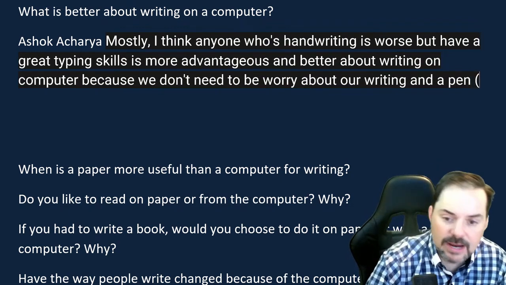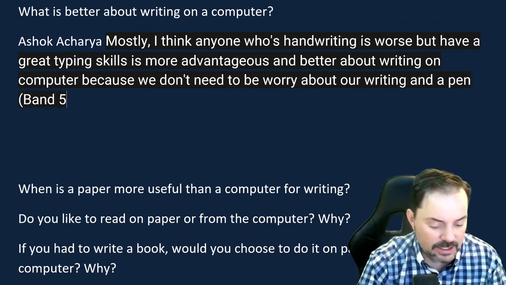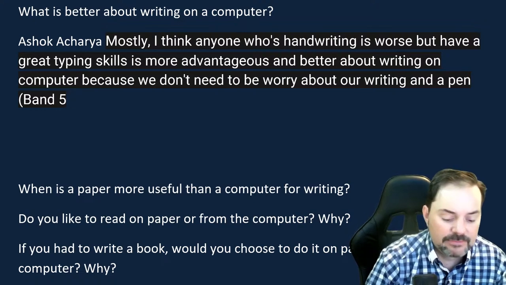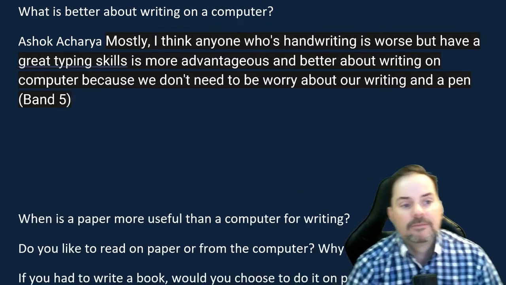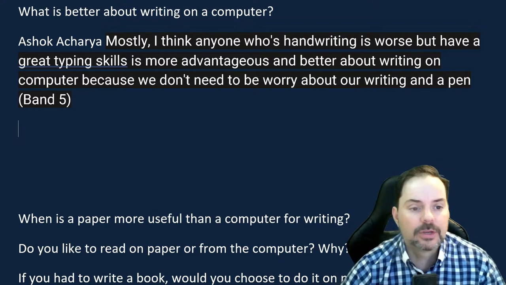Okay, there's lots of grammar mistakes here, lots of coherence mistakes. So again, it's about a band 5. So you really need to focus on that clear, accurate, coherent language.